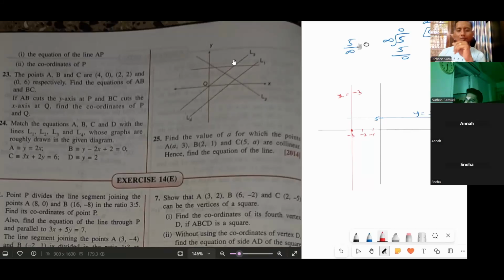Okay, look at L3. L3 is passing through the origin. You see that? L3 is passing through the origin. That means if x value is 0, y value will also be 0. So look at which of these equations you will have x, y both as 0.